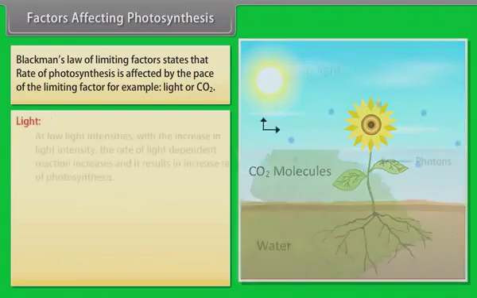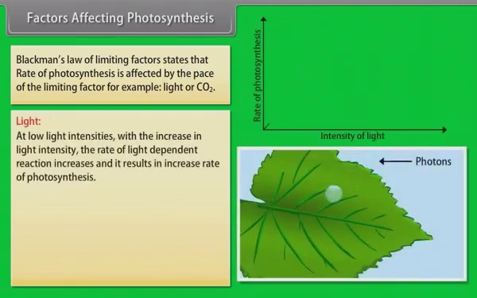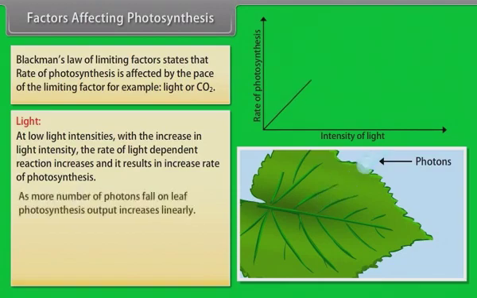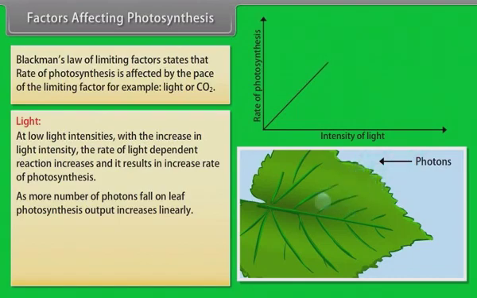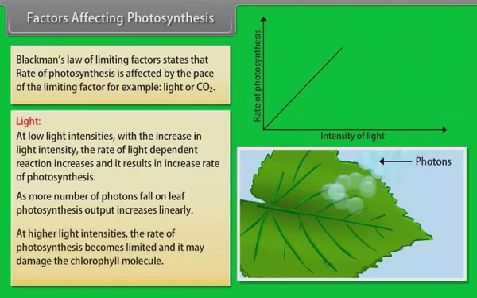At low light intensities, with the increase in light intensity, the rate of the light-dependent reaction increases and it results in an increased rate of photosynthesis. As more photons fall on the leaf, photosynthetic output increases linearly. At higher light intensities, the rate of photosynthesis becomes limited and it may damage the chlorophyll molecule.